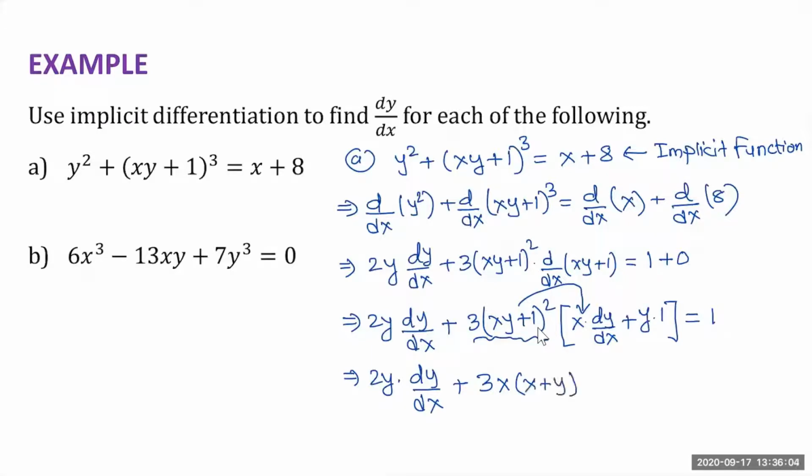Xy plus 1 squared. And also I am multiplying with that dy over dx. So dy over dx. Then if I multiply over here, it is y times 1 is y multiplied to this one. So that is 3y xy plus 1 squared is equal to 1.